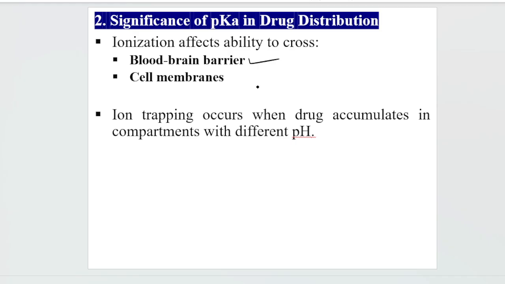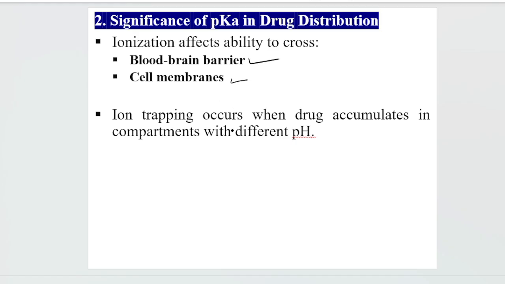The drug has to cross it, and it is the unionized form of the drug that crosses the blood-brain barrier. And to get inside a cell, the drug has to cross the membrane, and again it is the unionized form that crosses.